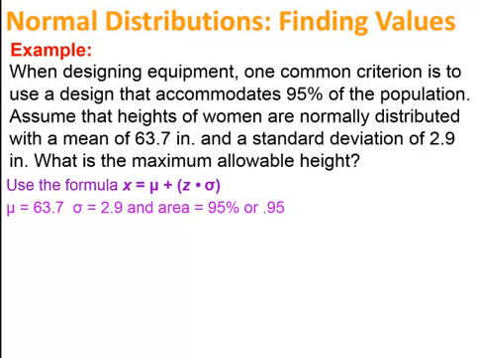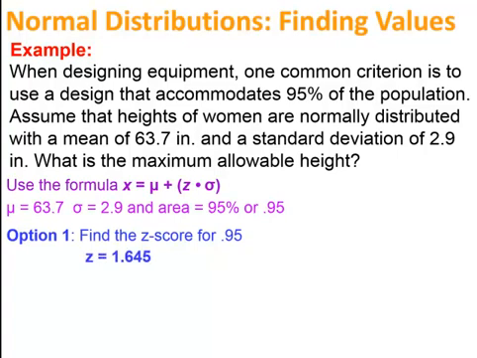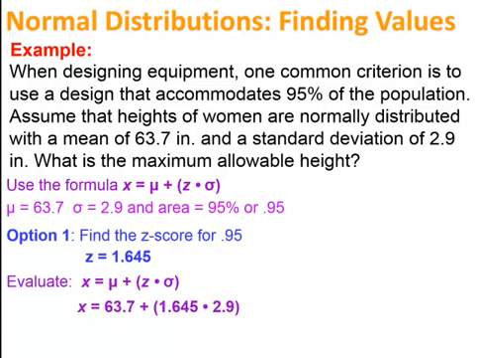The area is 0.95, and it includes 0.95, so it would be shading to the left. To find this, I can simply convert the 0.95 to a Z-score by using the calculator or looking it up in the table, and then plug everything into the formula and evaluate to get my answer.